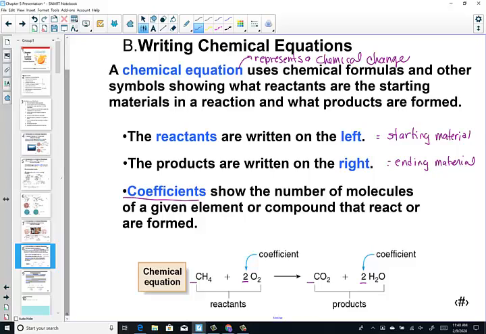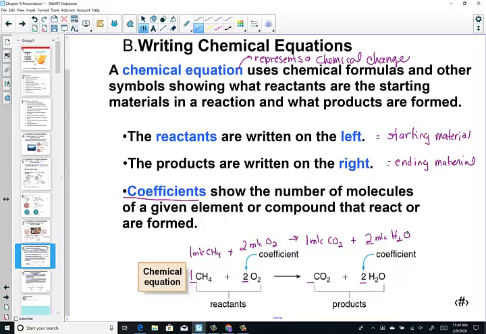When I read this balanced equation, I see one molecule of CH4 reacts with 2 molecules of oxygen to form 1 molecule of carbon dioxide and 2 molecules of water. And do you see how I'm using the word molecule to represent the unit that a coefficient is giving us?